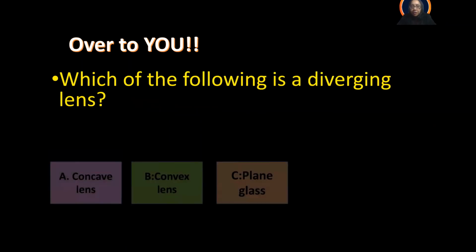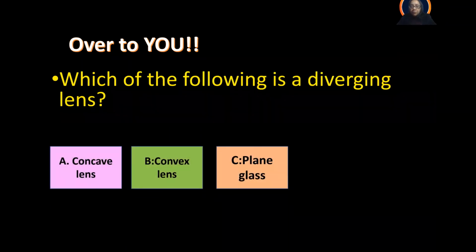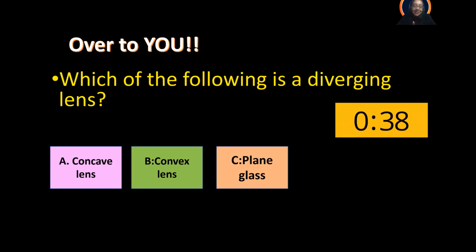The next question is: which of the following is a diverging lens? Diverging means moving away. Write down answer A, B, or C: A is concave, B is convex, C is plane.